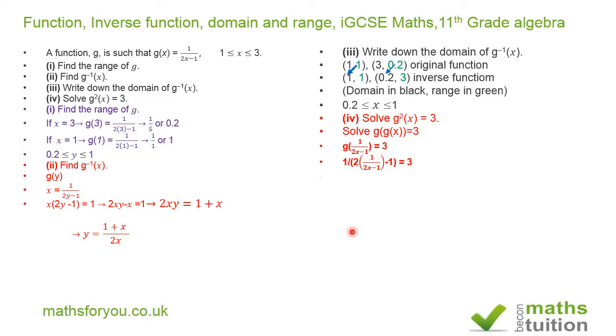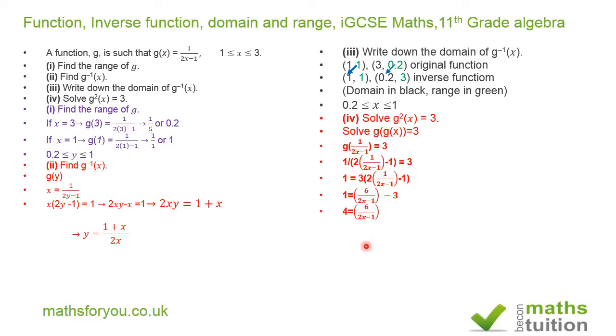Okay, so now, if we cross multiply, we end up with 1 is equal to 3 multiplied by 2 into 1 minus 2x minus 1, because this is the denominator from the last line. Right, if we then open up the bracket, we end up with 1 is equal to 6 over 2x minus 1 minus 3.